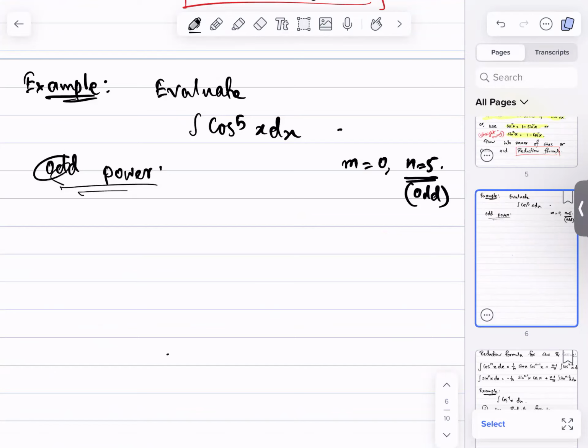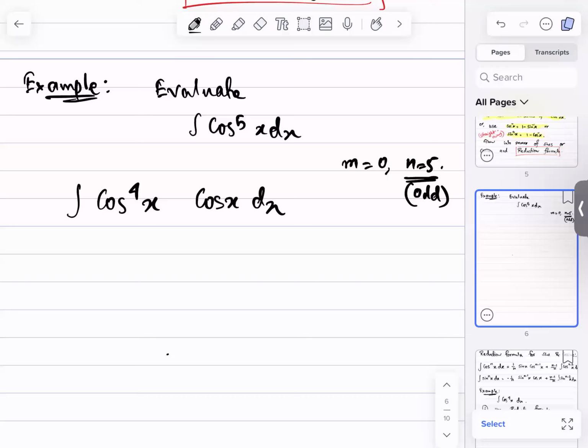So I will separate one cosine like this, and then I'll use substitution u to be cosine x.